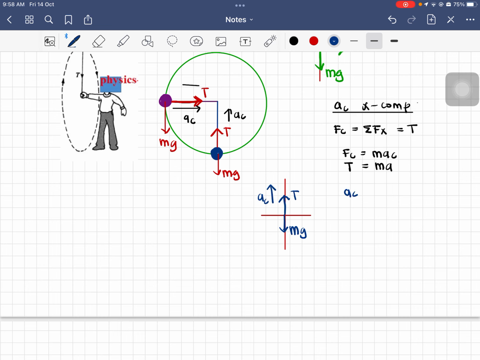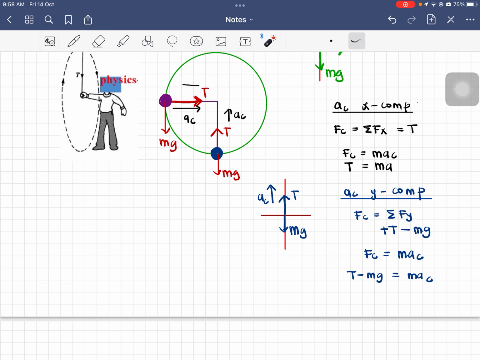So AC now is the Y component. Your FC should equal the summation of Fy. Your summation of Fy now is positive T minus mg. So when you substitute into FC equal to MAC, you will get T minus mg equal to MAC.